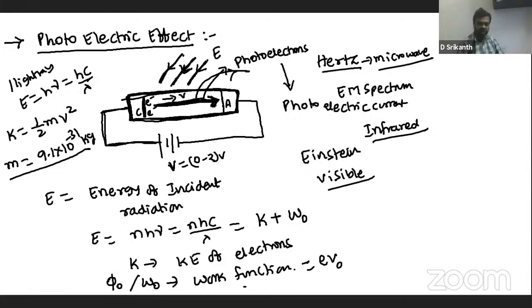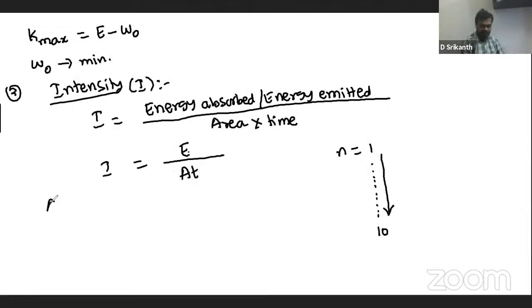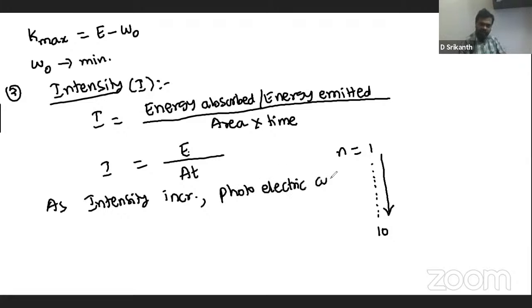So as intensity increases, I can say that photoelectric current, or number of photoelectrons, will also increase. Photoelectric current also increases, right? Can I say?